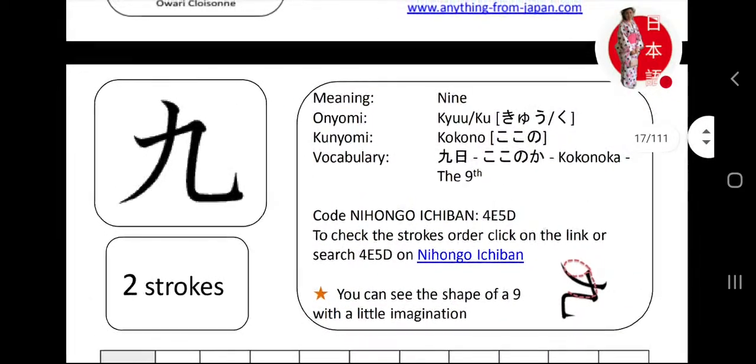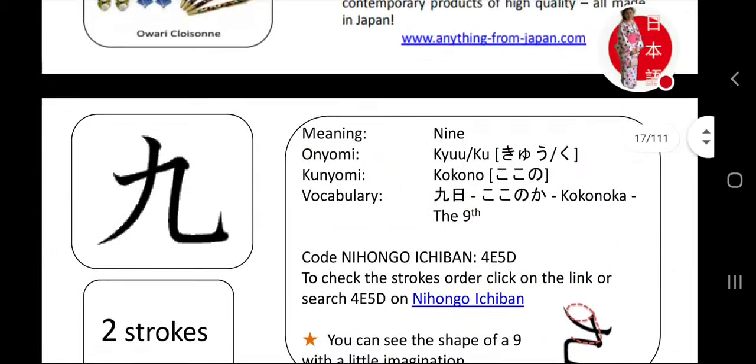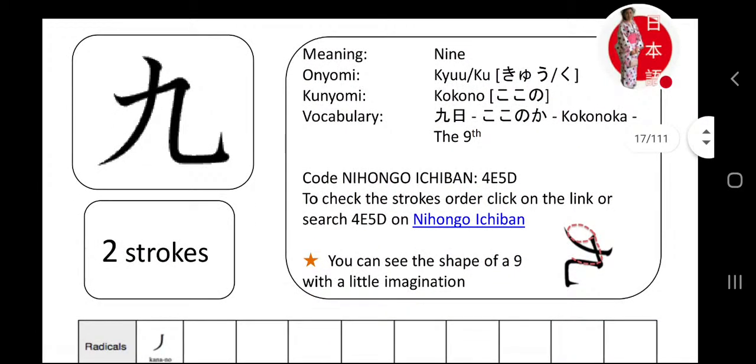Next, we have 9. As you can see, the shape of a 9, with a little imagination, no? Pag binaliktad din siya, if you invert it, you will imagine the shape of a 9. So 9 in Japanese is kyuu or ku.